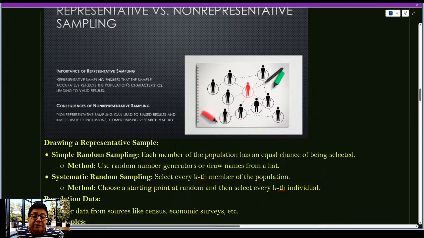Systematic random sampling: here you select every kth member of the population, sometimes every third, sometimes every fifth. Method: choose a starting point at random and then select every kth individual. Like you are taking every 5th from the group, you take 5th, then 10th, this way.